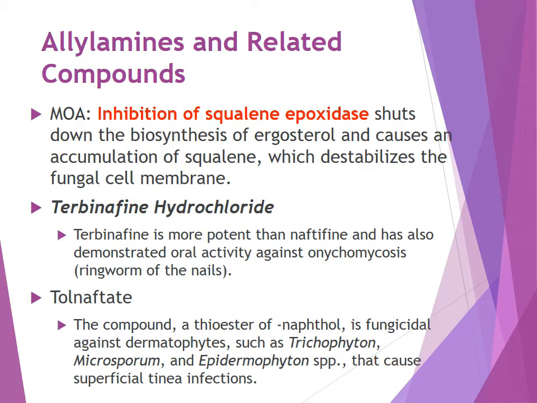Next, we have your allylamines and related compounds. So for this one, ang kanilang mechanism of action, inhibition of your squalene epoxidase. So under allylamines, we have your terbinafine and your tolnaftate. Terbinafine, brand name Lamisil. Tolnaftate, brand name Tinactin.